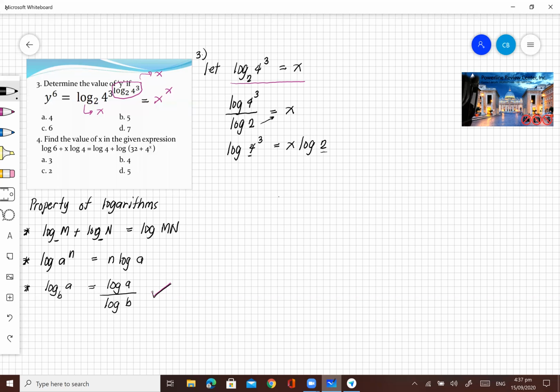So, we could say at the left side, this is also equivalent to logarithm of 2 times 2, that is 4, or simply 2 squared, naka-raise kay 3. So, exponent raised to exponent, multiply, so 2 times 3, it will resolve into 6. Itong base na 4, ginawa nating 2 squared, naka-raise ulit kay 3. So, under law of exponent, exponent raised exponent, multiplied. So, we come up with logarithm of 2 raised to 6.